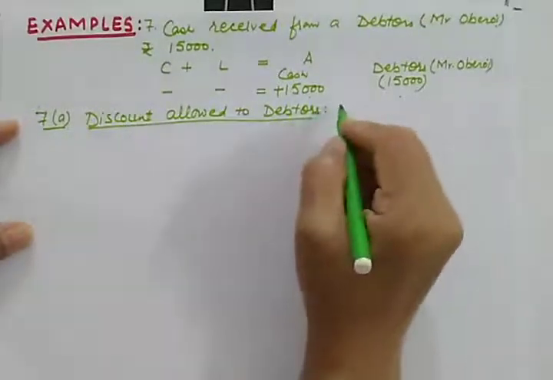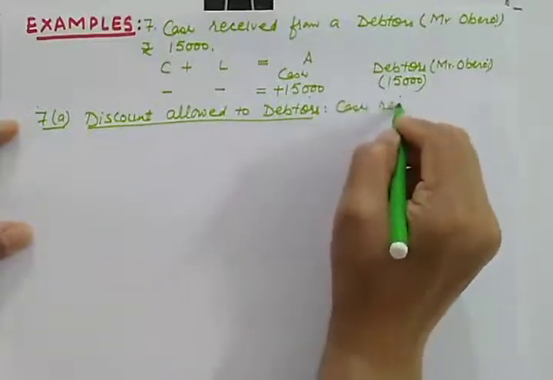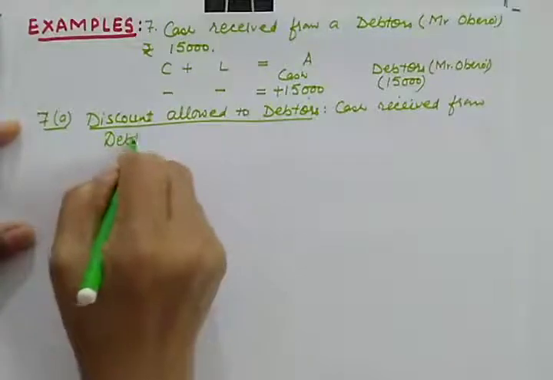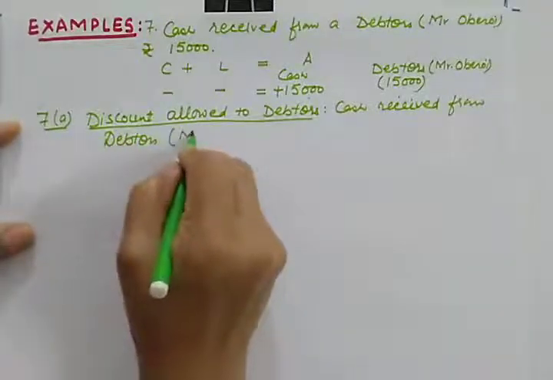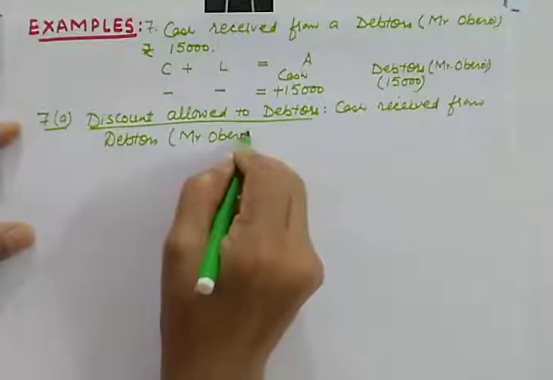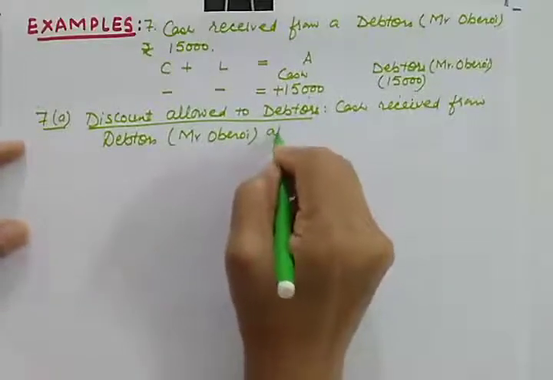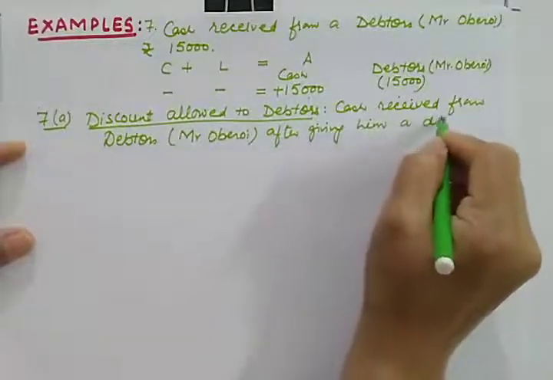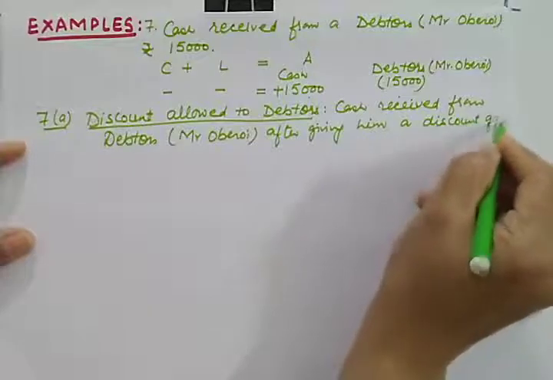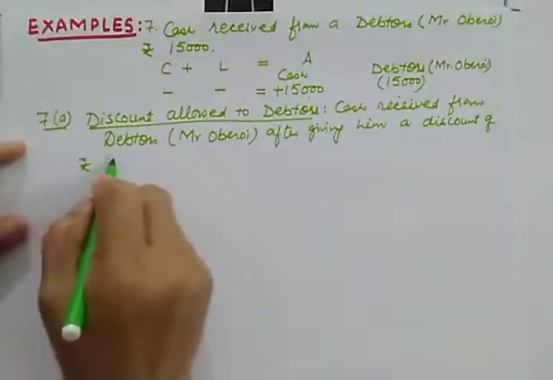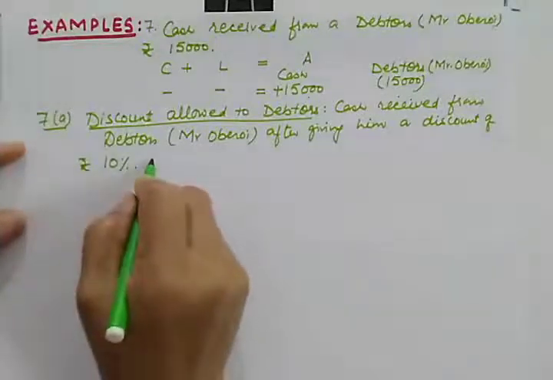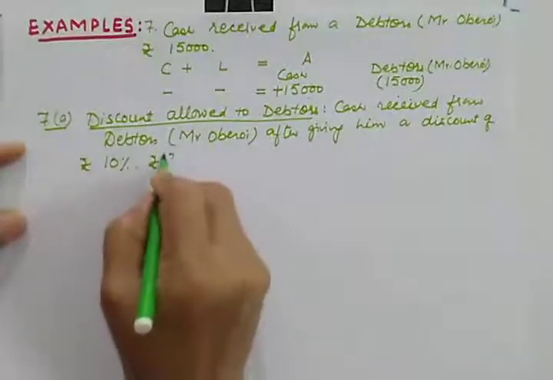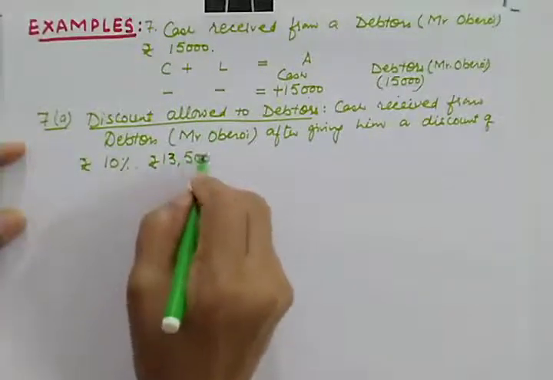In this case, suppose this is your transaction: cash received from debtor Mr. Oberoi after giving him a discount of, let us say, 10%, and net cash received, if you give 10% discount, the amount will be 13,500.